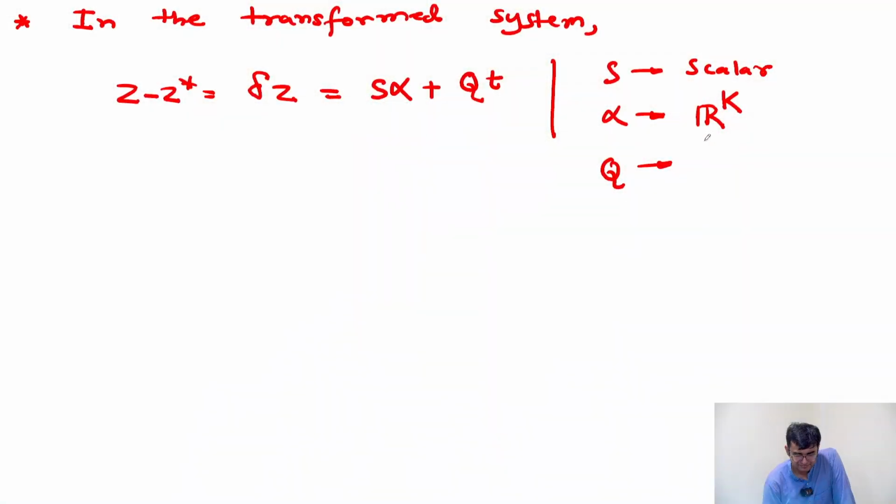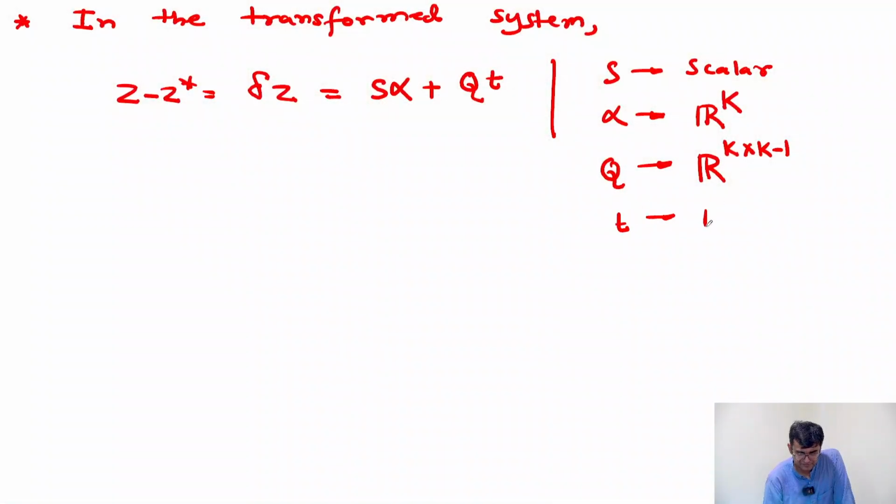So this will be R^(k cross k minus 1). That is how I am writing it. And then T is magnitude in k minus 1 directions, written as a column vector. So T is R^(k minus 1). And now you can understand why I have written QT and not TQ. You can write TQ, but then transpose it and manage that. Or you can write Q transpose T also. All those things you can play with. That's not a problem.